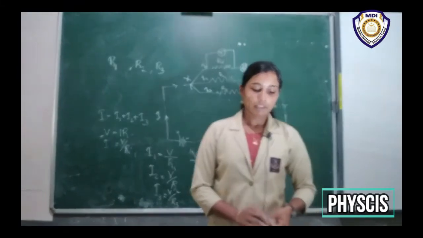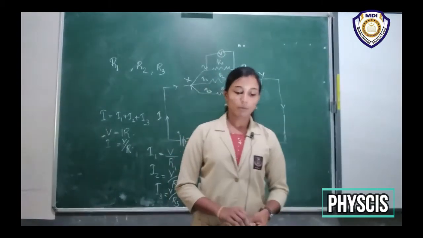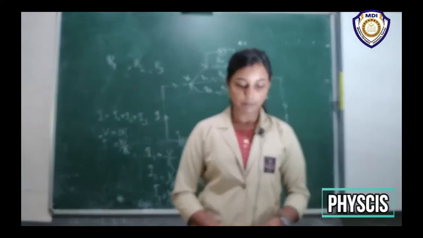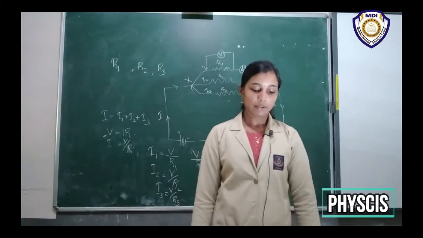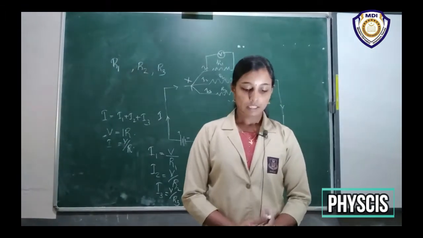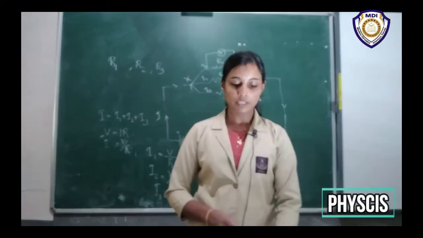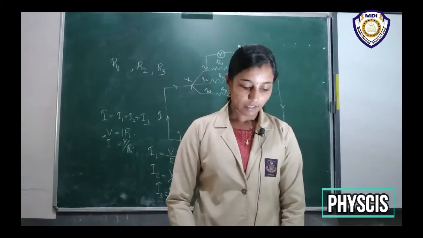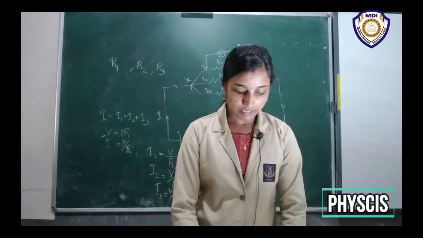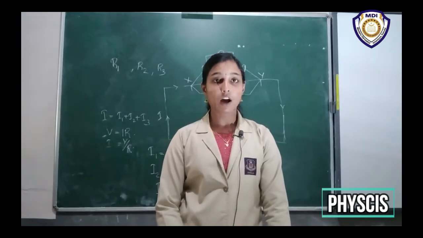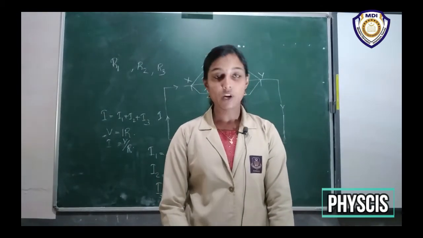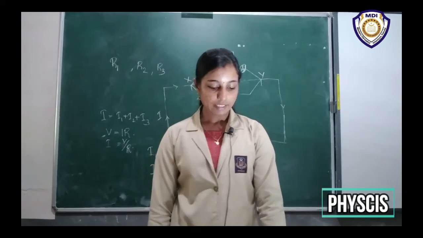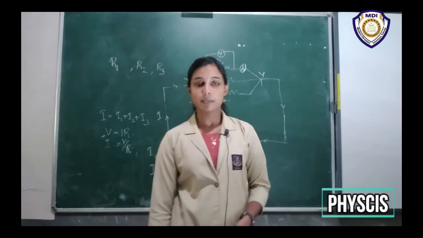So for example 12.8, we look at the circuit diagram given in figure 12.10, that is on the previous page. Suppose the resistors R1, R2, R3 have values 5 ohm, 10 ohm and 30 ohm respectively.